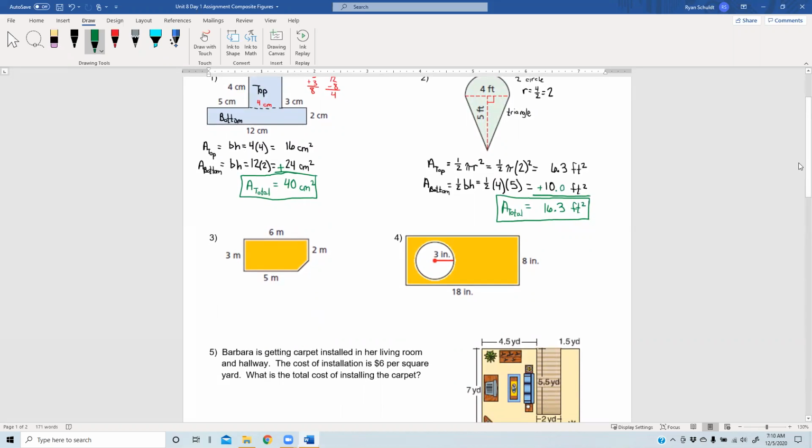Okay, so on those two we added. Now let's do two where it would be easier to subtract.